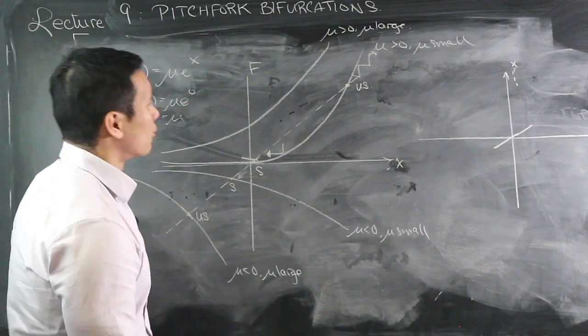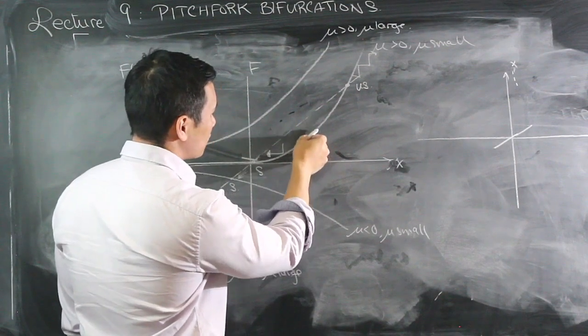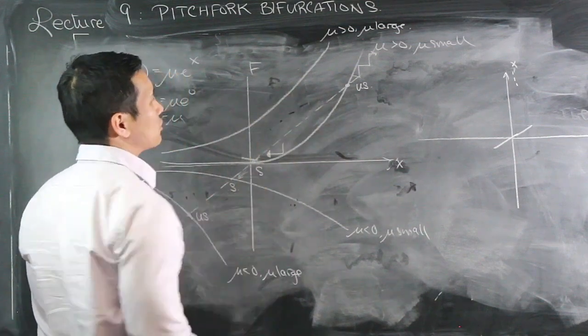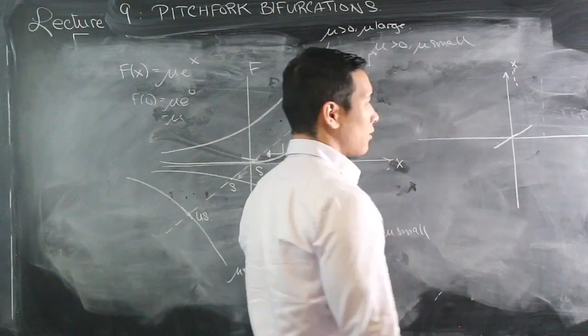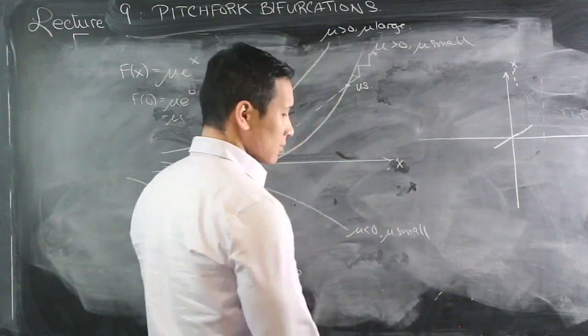You also know that when mu gets larger and larger, eventually this curve will move up past the dashed line, and you have this picture here.